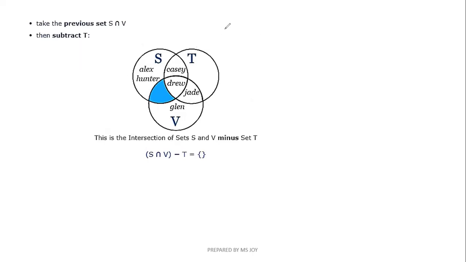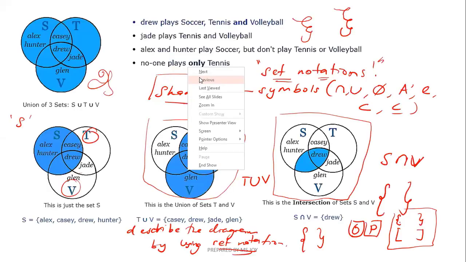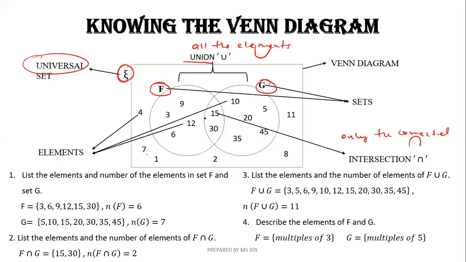Let's say they give you our first slide. If you see the set F, it's 3, 9, 6, 12, 15, 30. All these elements are multiples of 3, correct or not? So that is how you describe it.